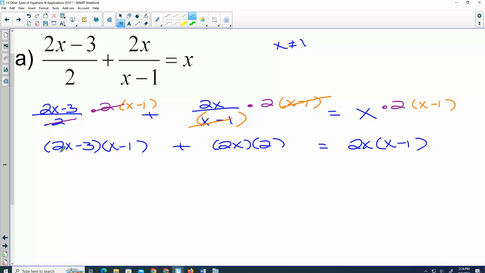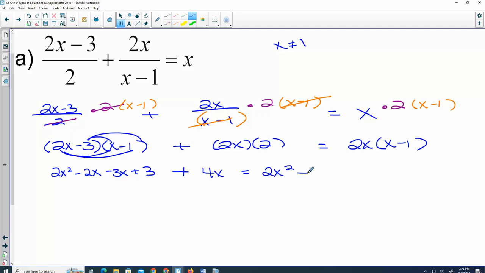Start multiplying everything out. So if I FOIL here, we have 2x squared minus 2x minus 3x plus 3 plus 2x times 2 would be 4x. Over here, if we distribute, we get minus x.